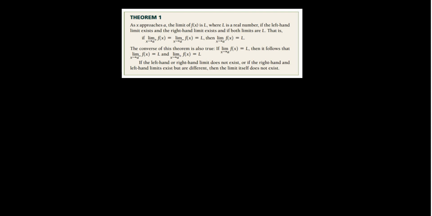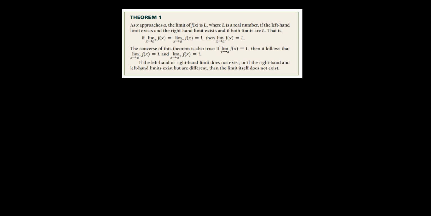So as x approaches a, the limit of f of x is L, right? So saying, as x approaches some a, we know that the limit of f of x is just going to be some L, where L is a real number.